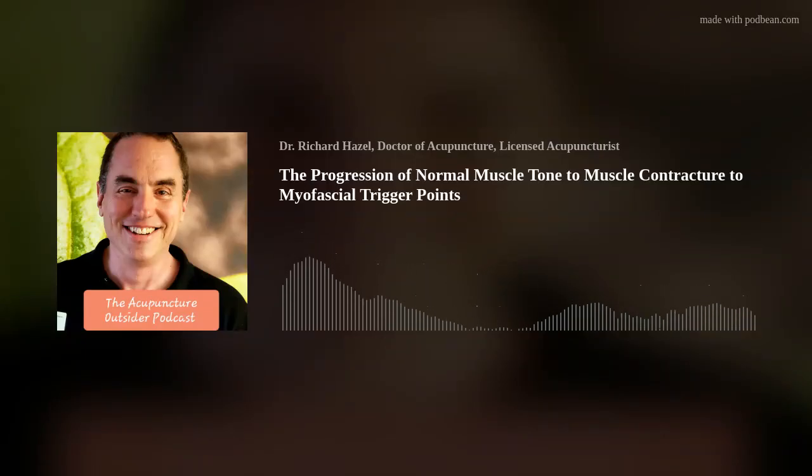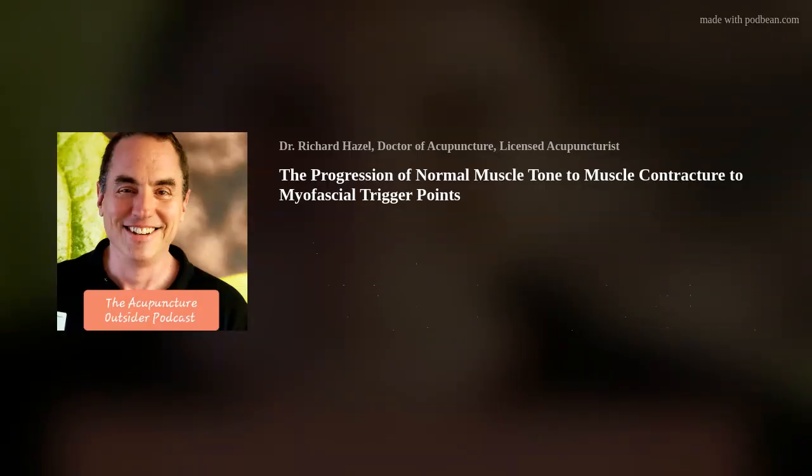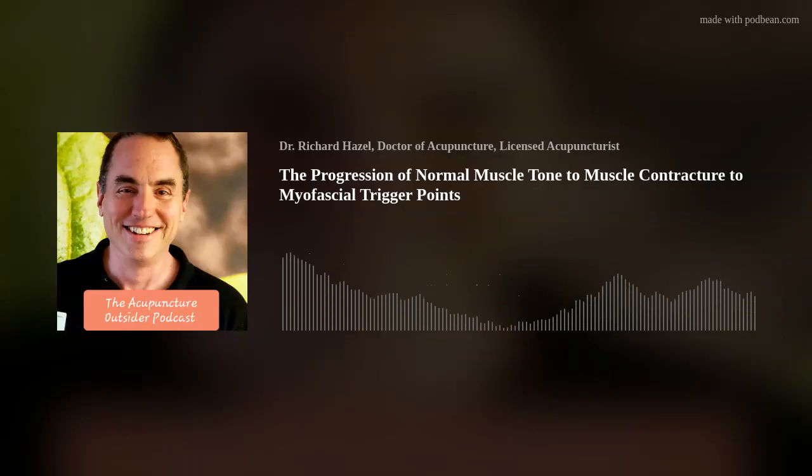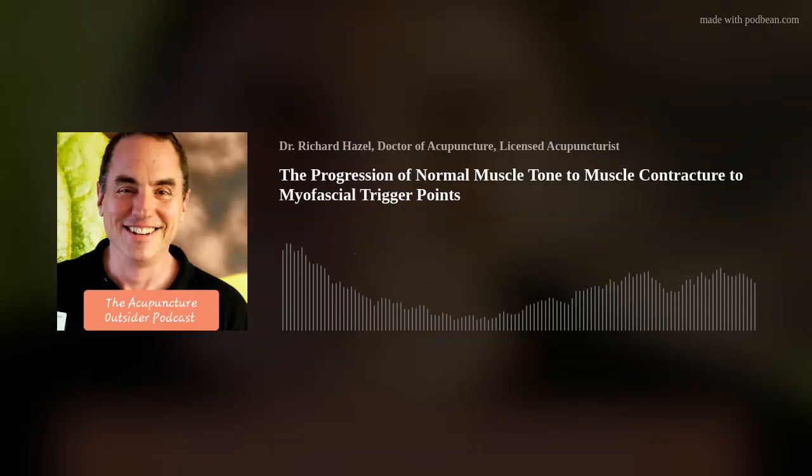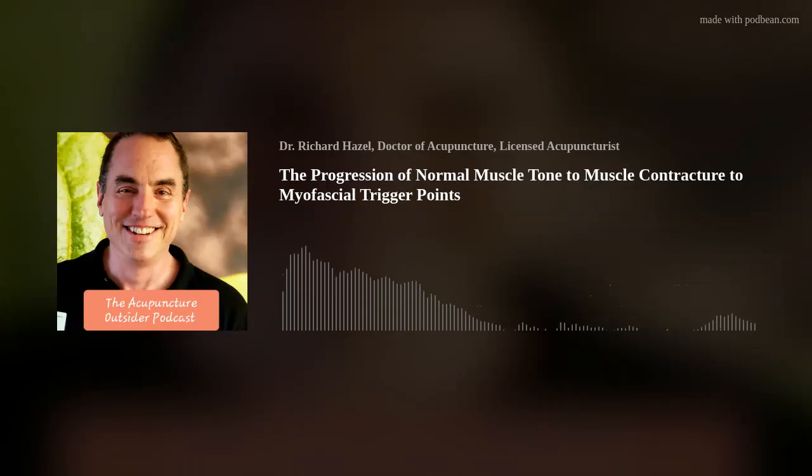The problem can be that if you have long periods of that tonicity, that muscle tone being maintained, that can be difficult for the muscle. It can sort of burn out, and you will see increases in shortening of the muscles. Acetylcholine makes the muscles contract. ATP is very important for contraction and relaxation of the muscle.